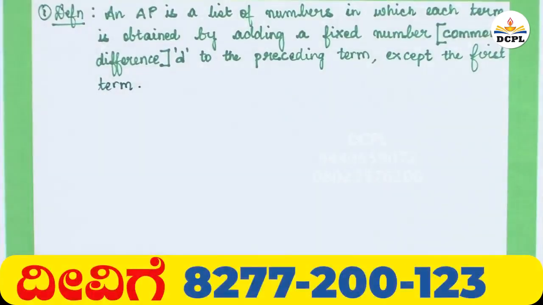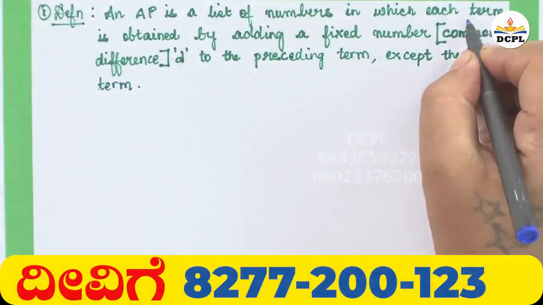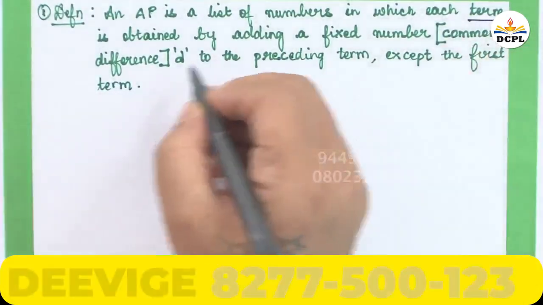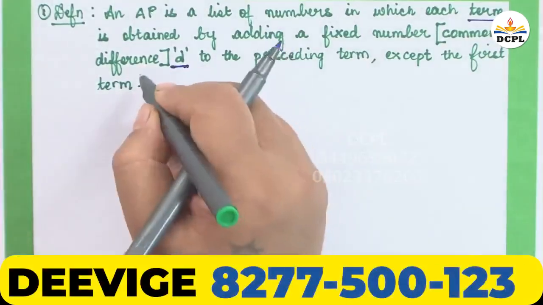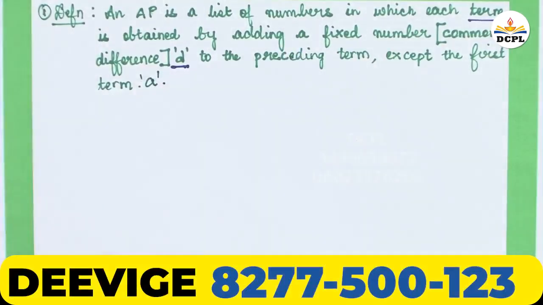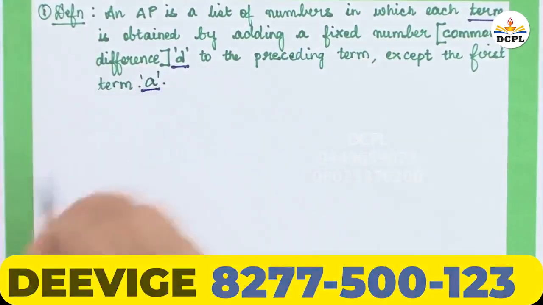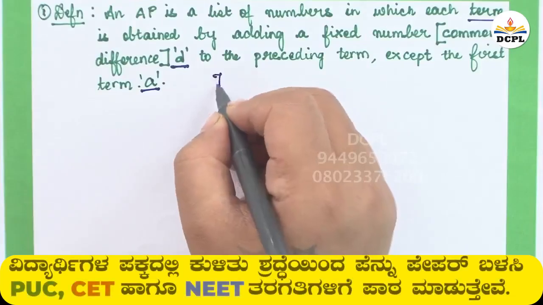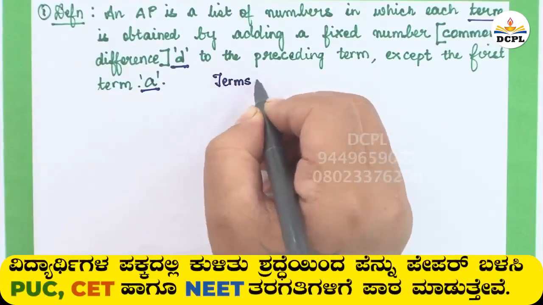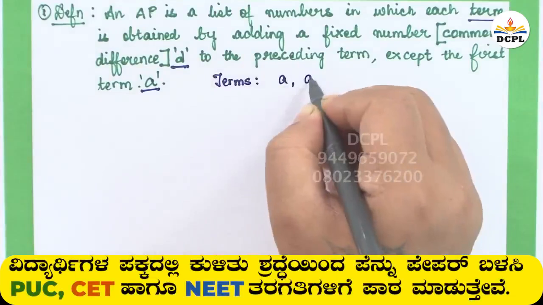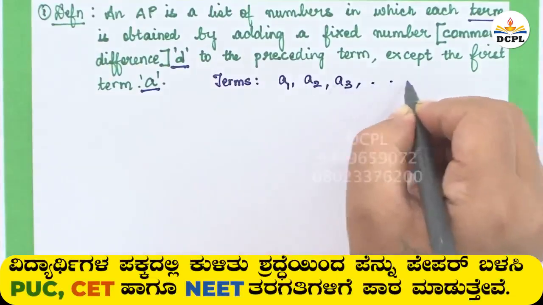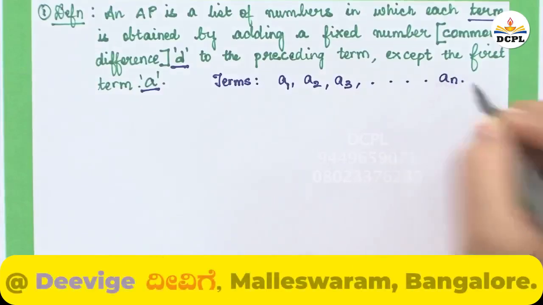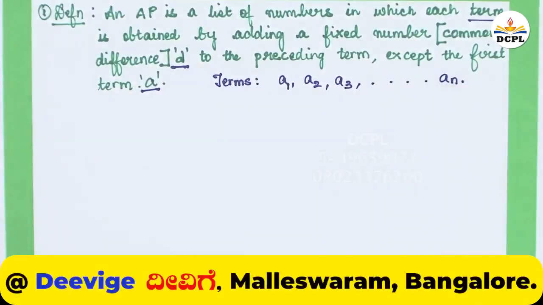So now the key words in this particular definition were a term, then D, which is called the common difference, and of course the first term, which is represented by A. Now if you can recollect, how did we write the terms? Terms are nothing but A1, A2, A3, so on and so forth till the last term, which is given by AN.